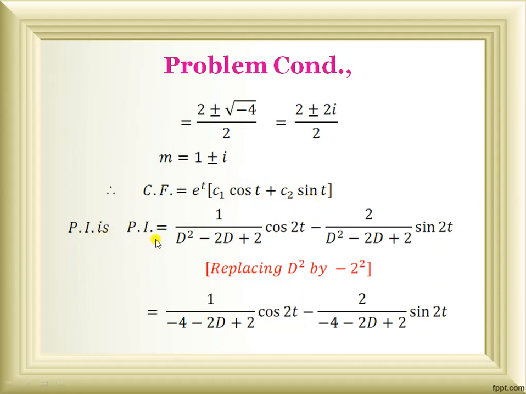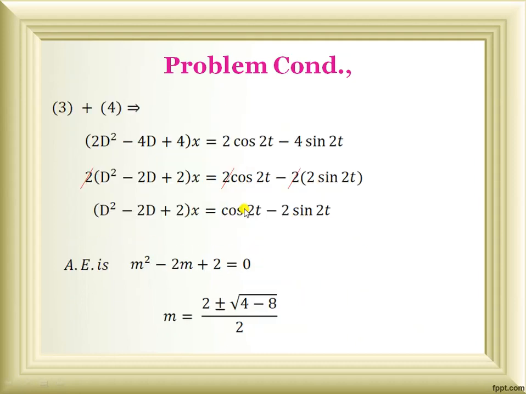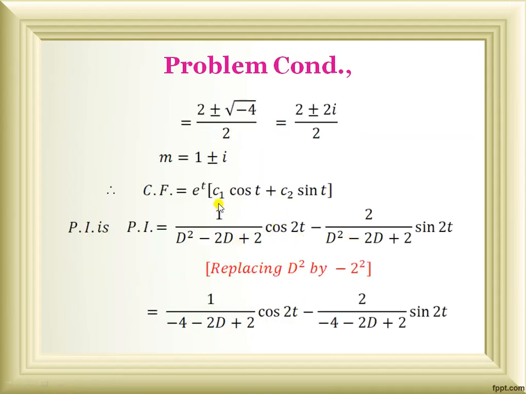Let us move on to the particular integral. P.I. is equal to, in the right hand side I have two terms, that's why I am splitting that into 1 by function of D into cos 2t, minus 1 by function of D into 2 times sin 2t. In both terms the function is trigonometric, so I need to replace D squared by minus a squared in both the first and second terms, because a value is equal to 2.